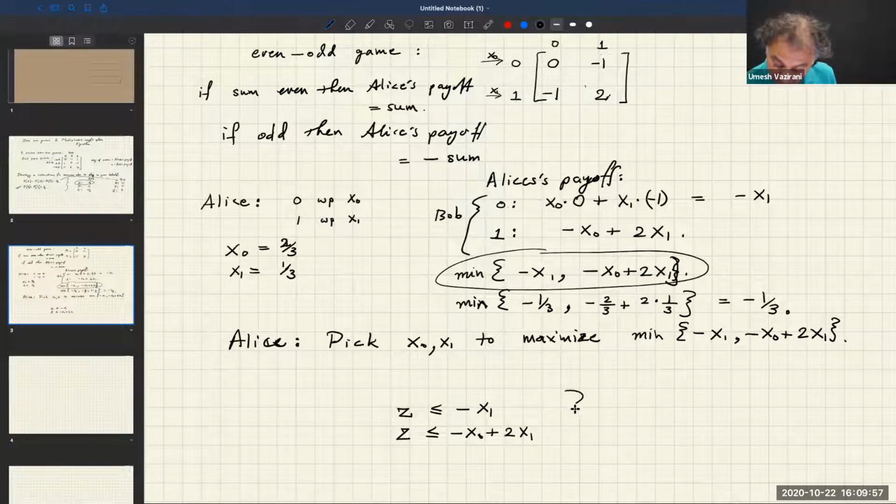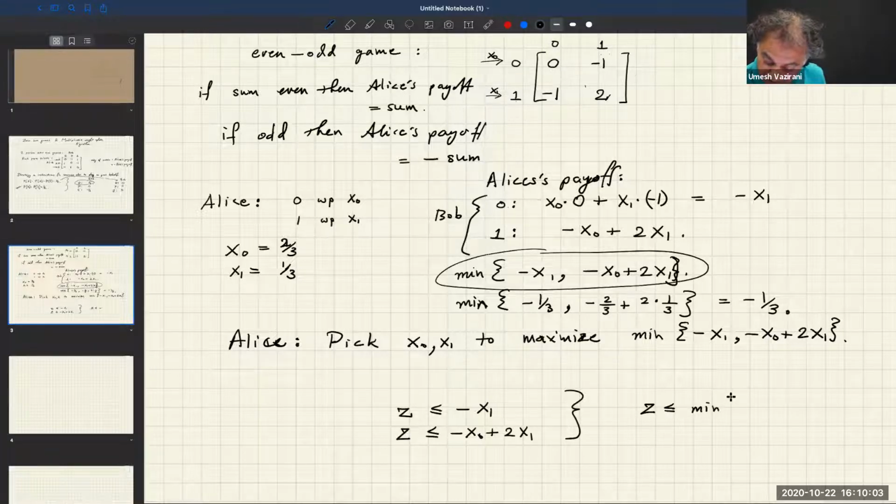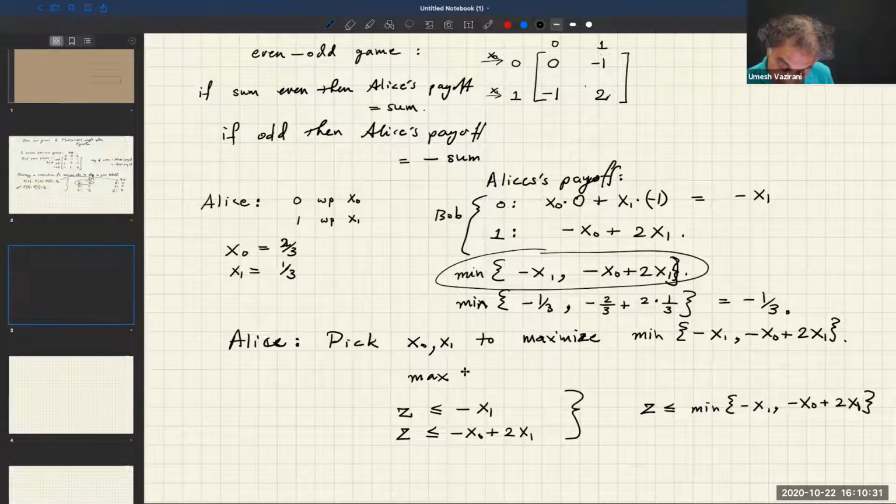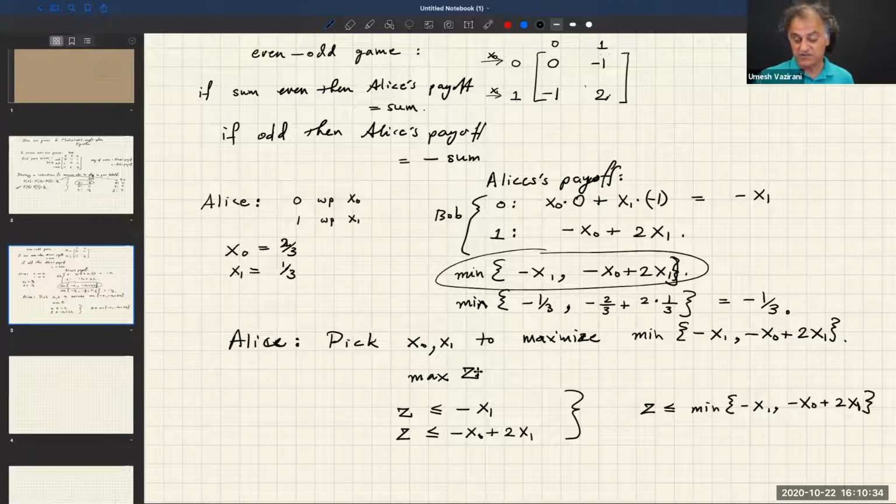If we write out these two inequalities, this says z must be less than or equal to the min of minus x1 and minus x0 plus 2x1. It could be smaller, but it can't be any larger than the minimum of the two, right? Because it's smaller than the first and smaller than the second, it must be smaller than both. But now we want to maximize z, because that's what Alice wants to do.